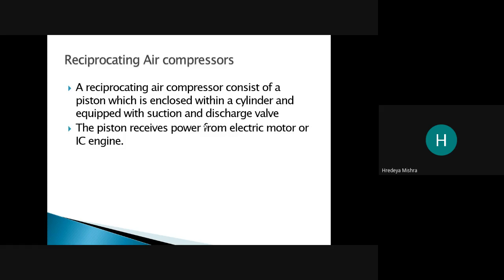Okay, a reciprocating air compressor consists of a piston which is enclosed within the cylinder and equipped with suction and discharge valves. The piston receives power from the electric motor or IC engine.